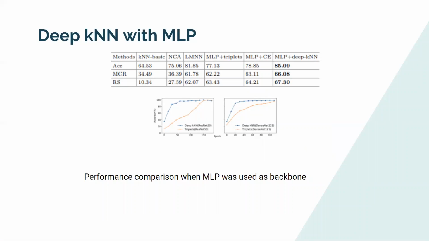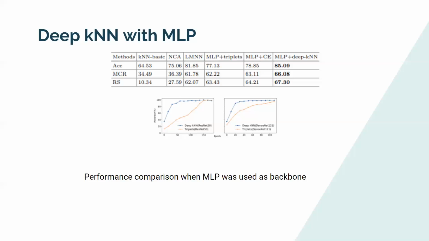to demonstrate deep kNN under the MLP backbone, we will be checking these methods: kNN basic and LMNN, MLP plus triplets, where the triplet is the traditional triplet loss, and the cross entropy loss, MLP plus CE.